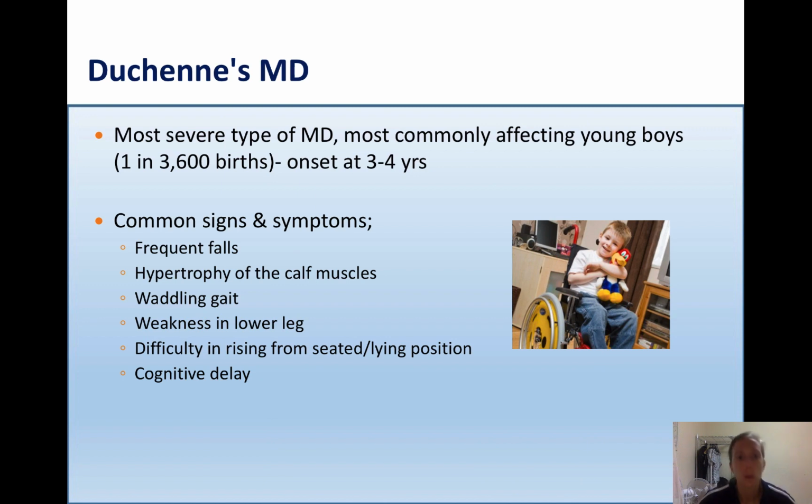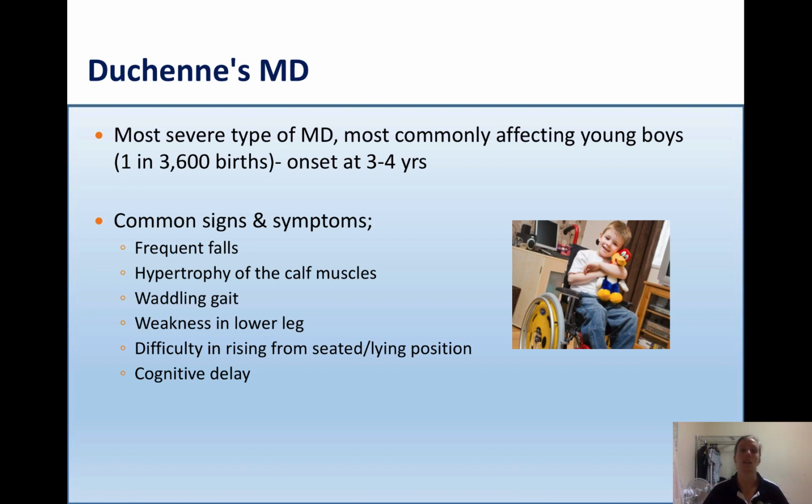So just a few more points here on Duchenne specifically. As we said, I don't think there's anything here we haven't covered, but it's a more severe type of MD, most commonly affecting young boys, so it's 1 in about 3,600 births, and the more pronounced onset is commonly between 3 to 4 years. Common signs and symptoms, so there's a few there that we've just spoken about from the previous.